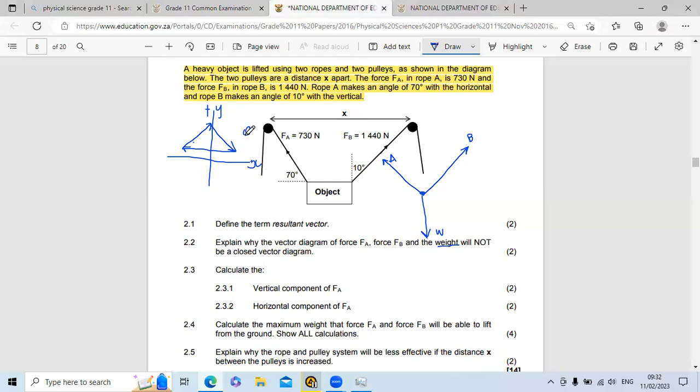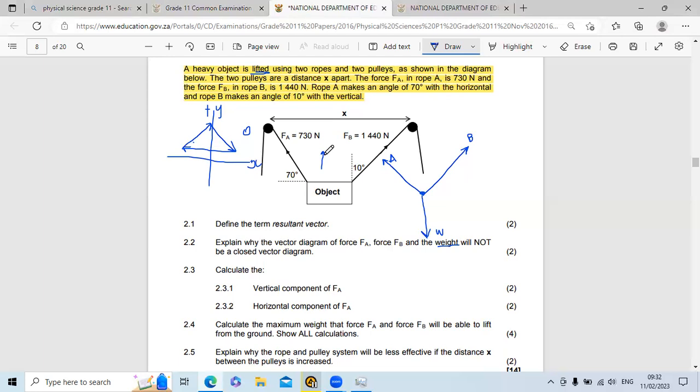But since the object is being lifted, that means its motion is going up. And they don't tell you whether it's at a constant velocity or not. So you're going to assume that it's not at a constant velocity because they did not state that it's at a constant velocity.